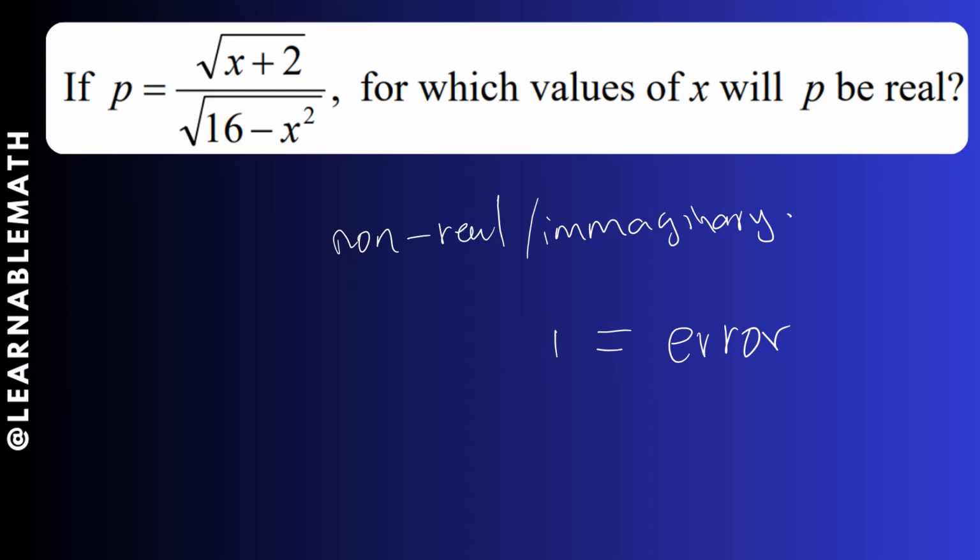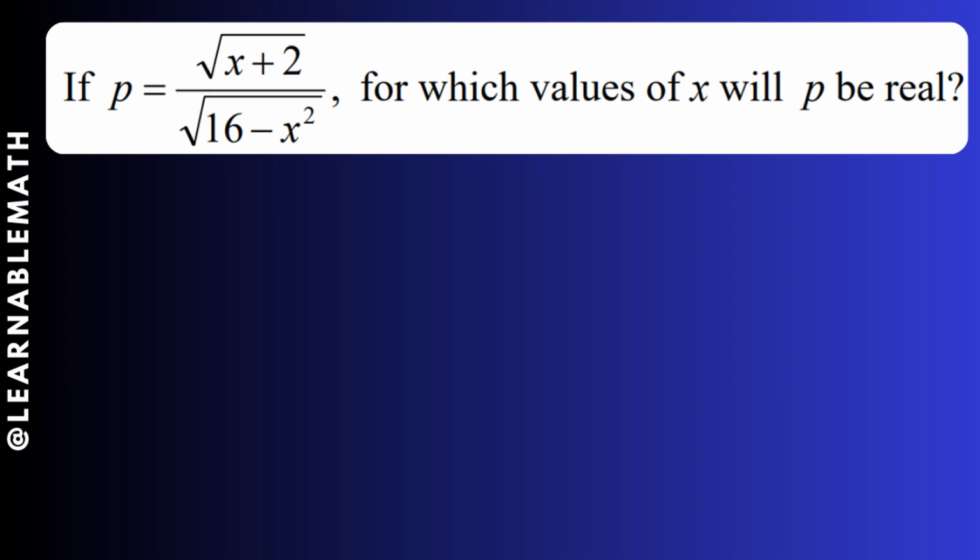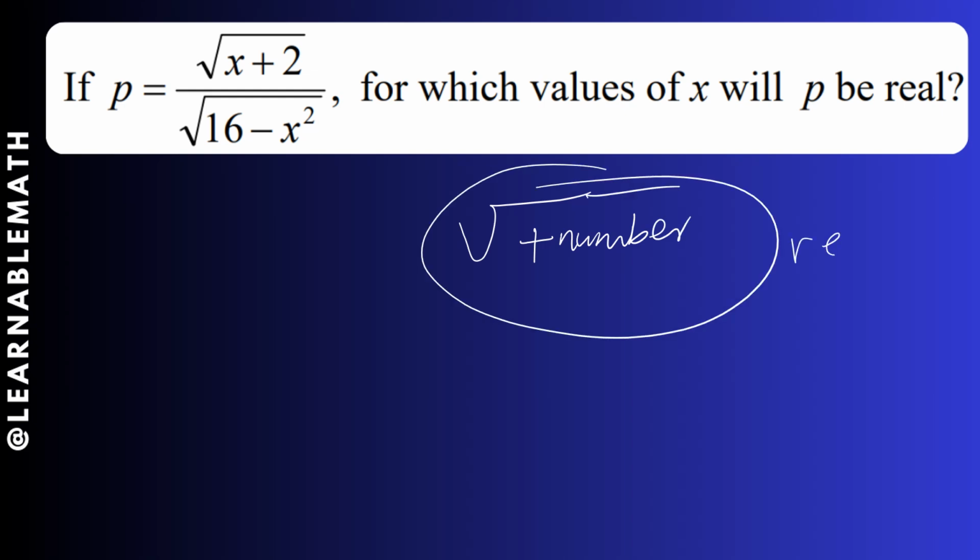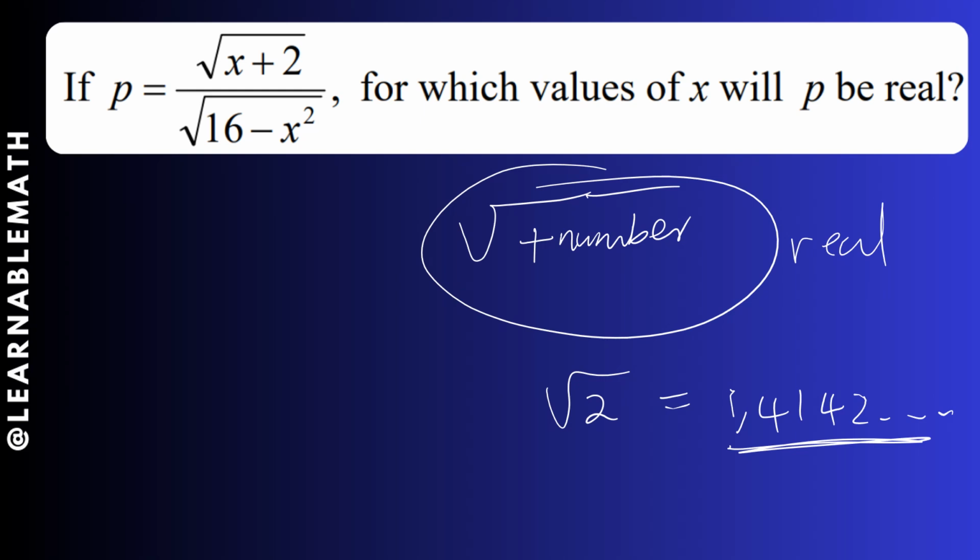So for it to be real, we know that the root must actually be of a positive number. If your square root is of a positive number, that number will always be real. When you punch a calculator, if it's root 2, you'll get something like 1.4142. This is a real number. It exists.